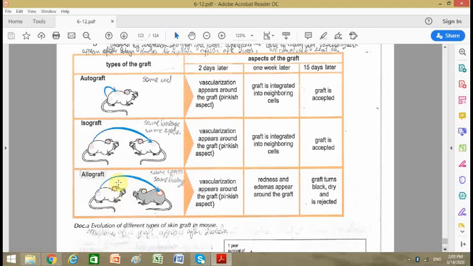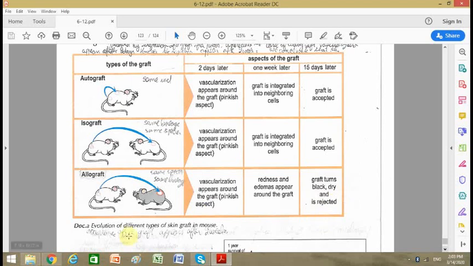However, in an allograft, which is a graft between 2 genetically different individuals of the same species, we notice that there's vascularization and they become pink, but then they turn red and the edemas appear. Edemas mean that we have some dead cells or dead tissues surrounding this graft, and then they become black, dry, and they are rejected.